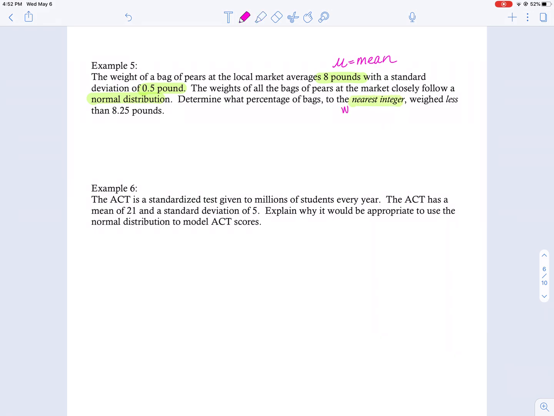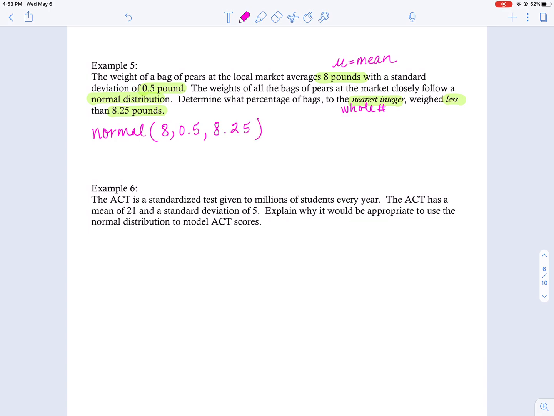So let me just write that. We're talking whole number, weighed less than 8.25. Okay, so this is the easiest to me. When it's less, all I have to do then is do normal. Okay, your mean is 8. Your standard deviation is a half. And you want everything less than 8.25.